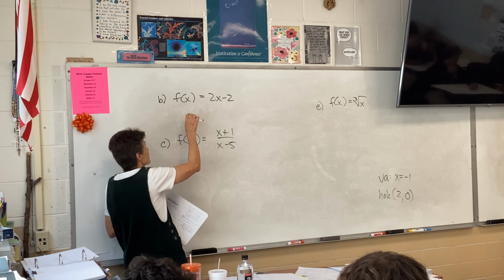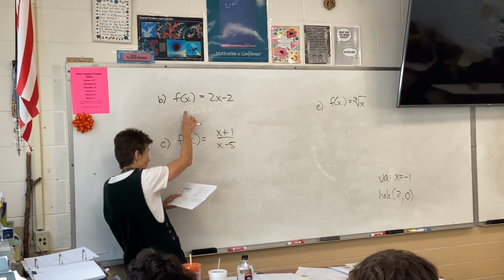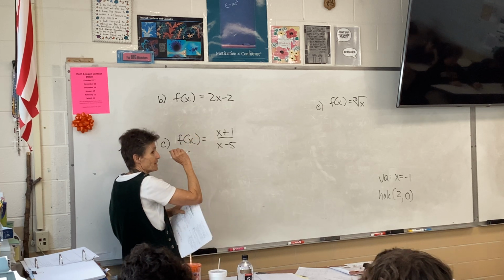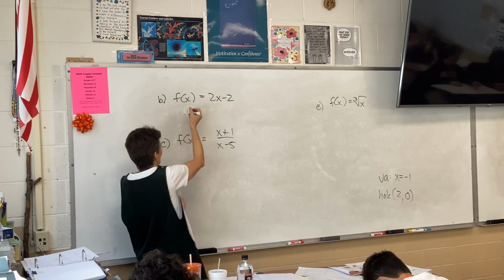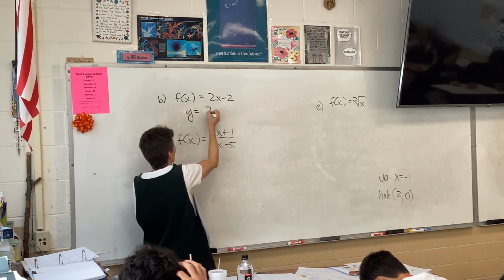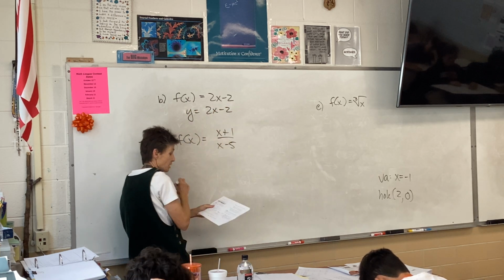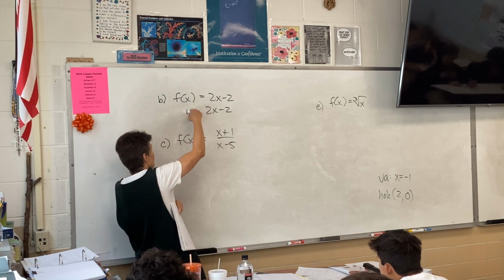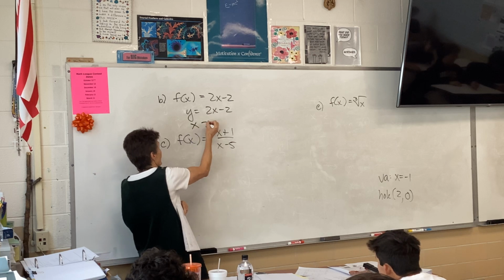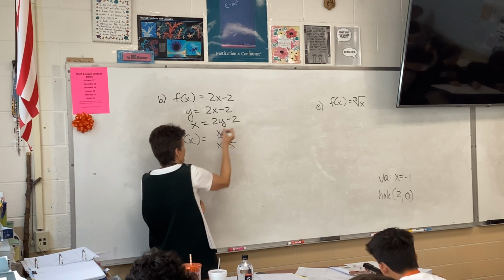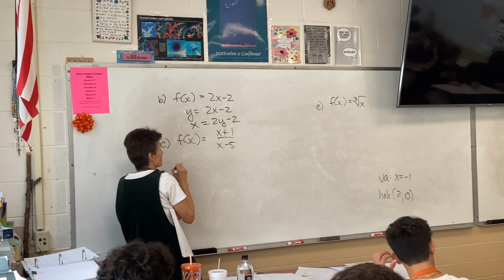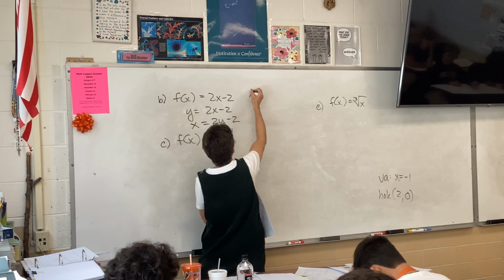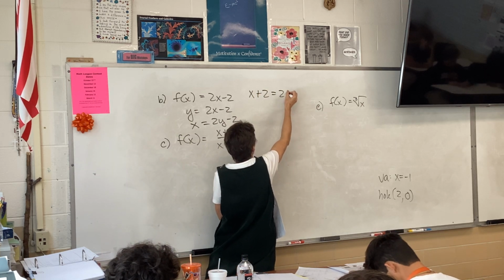All right, so how do we find an inverse for problem B? Well, this is y. You might want to do this on another sheet of paper because it's really easy. So once you put your y in, then you switch your variables, right? And then get y by itself.